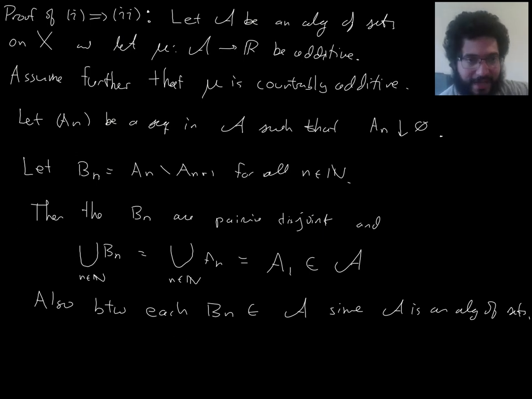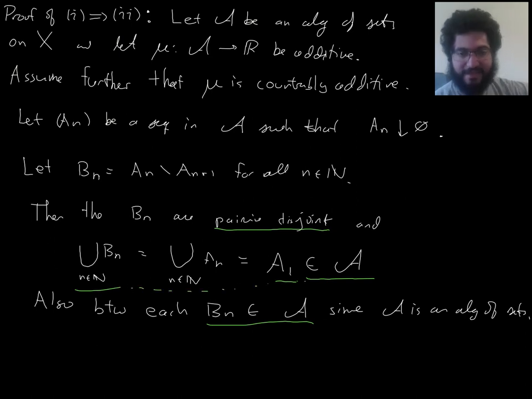Okay, now we can apply countable additivity of mu, thanks to the fact that the countable union is in there, each of them is in there, and they're pairwise disjoint. So let me connect this up. Thanks to these three green underlined things, we can apply countable additivity of mu.